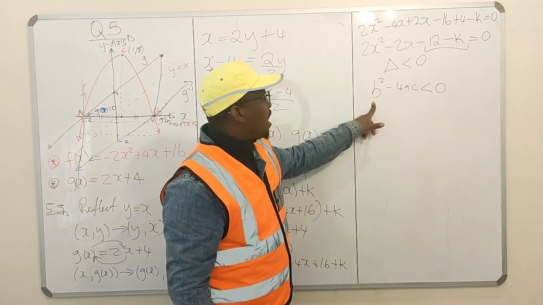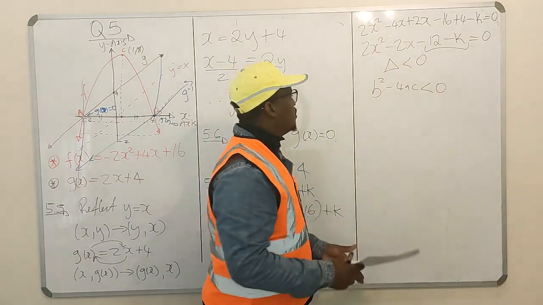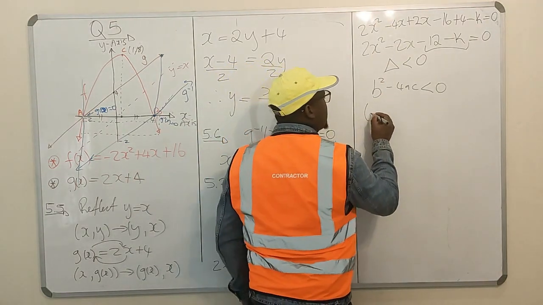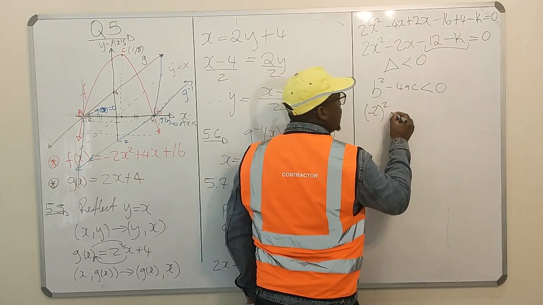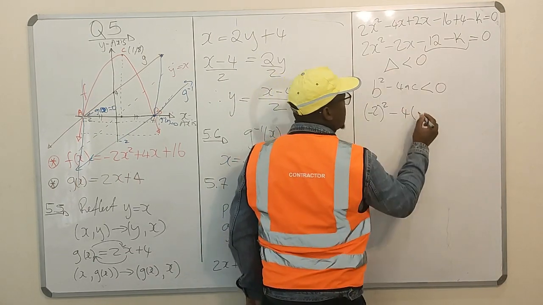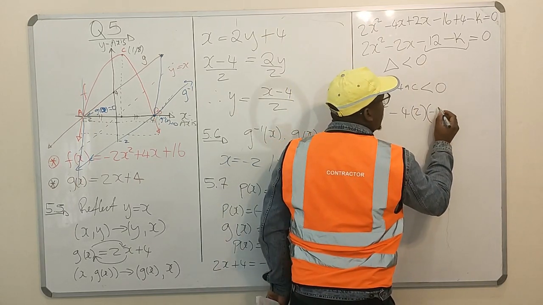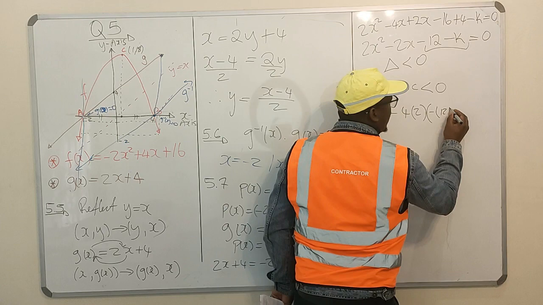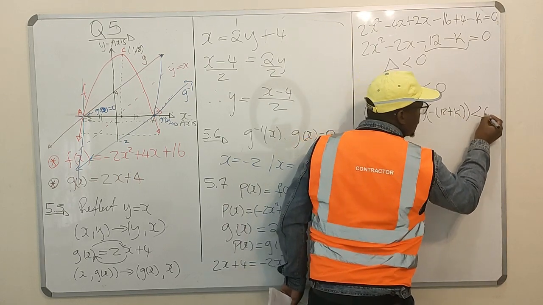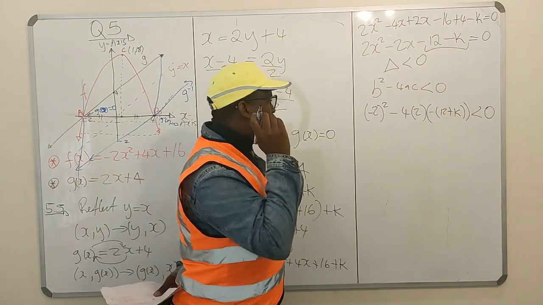Now we substitute into our formula. What is our b? Our b is negative 2, squared, minus 4a. What is our a? It's 2. And our c is minus 12 minus k. This should be less than 0. What do we do?